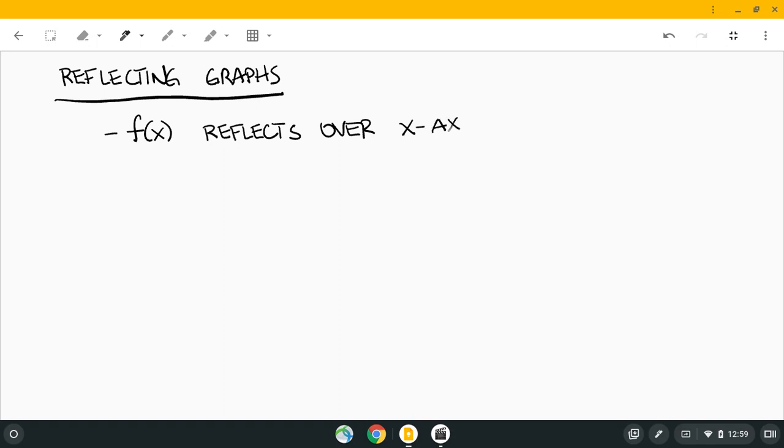And we've seen that before with the parabola. We may have started like this, then we multiplied by a negative, and then it flipped over like that, right? So that's what we mean by reflecting over the x-axis. If I take the x value and multiply it by a negative, then this reflects it over the y-axis.